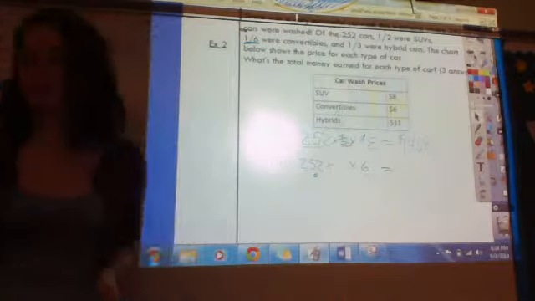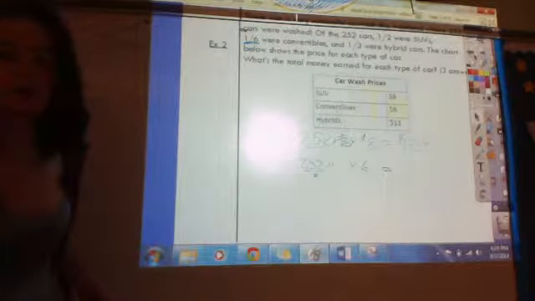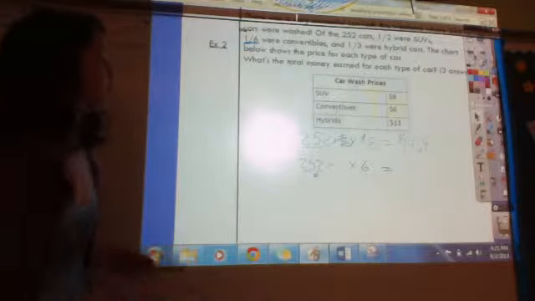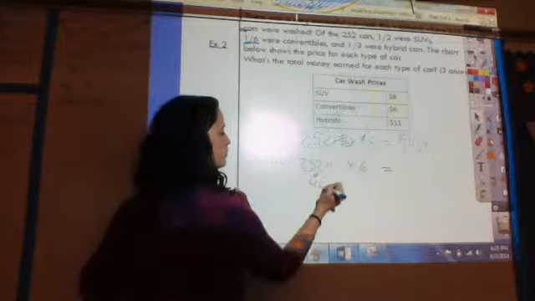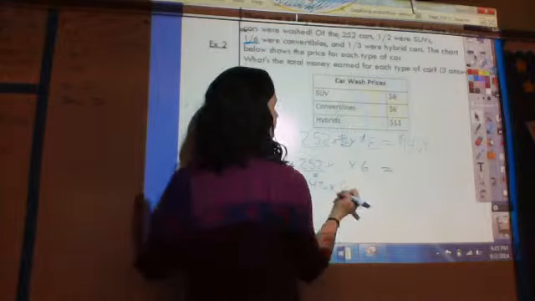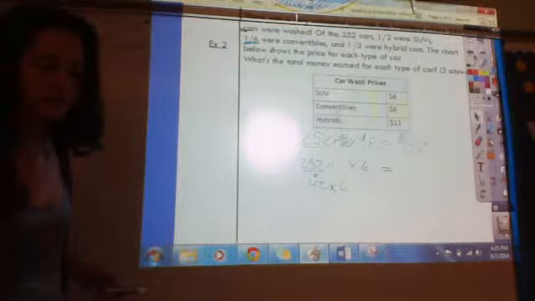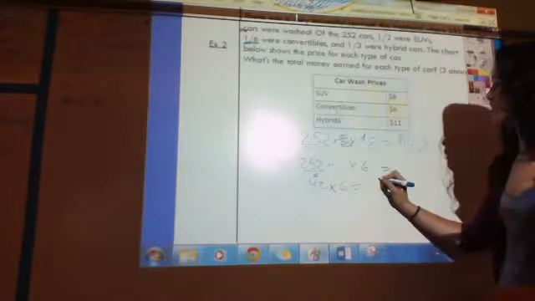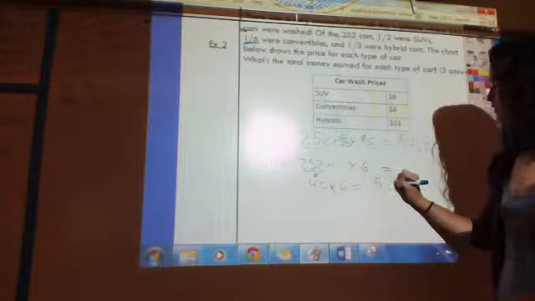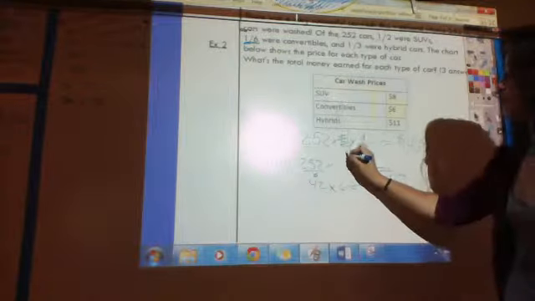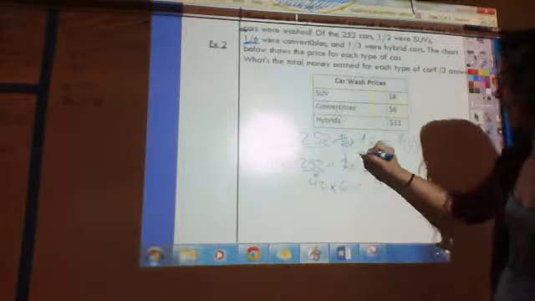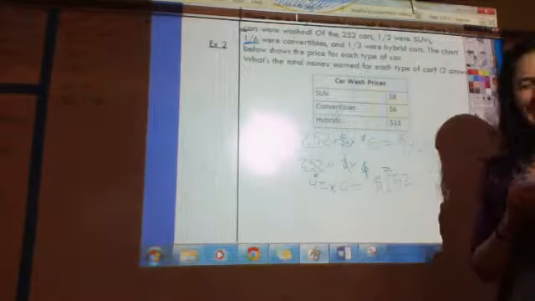Make sure that what is on my paper is what's on your paper. 252 divided by 6, do it. Your answer is going to be 42 times $6. What is 42 times 6? The answer is actually 252. Another way you could have seen that relationship is because if we have 6 over 1 and 1 over 6, we could have actually canceled them out. But I had to do the math anyway.